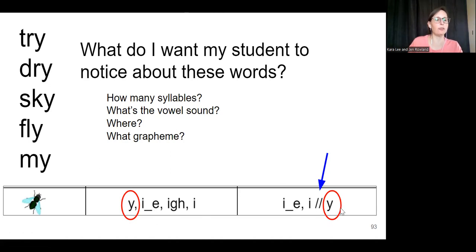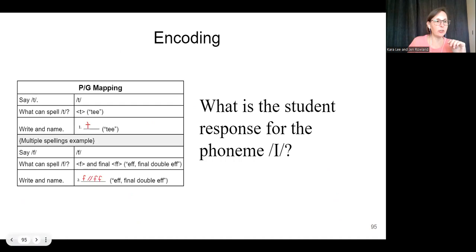I've only circled final Y, because that is the way we spell the sound I in terms of what the student knows right now, final Y. So your answer here should be final Y. Then when they go to write it, they say final as they write these two lines.